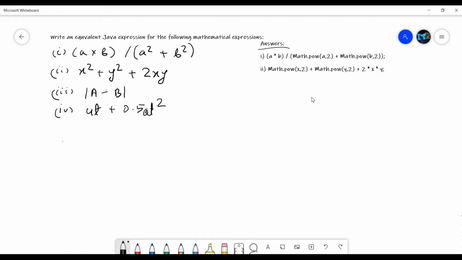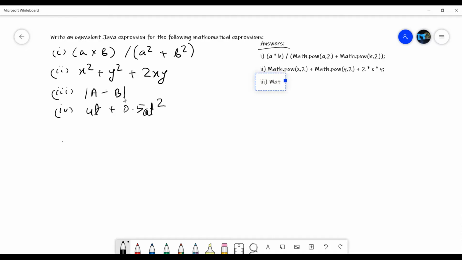Similarly in the third bit, it is a minus b, means mod of a minus b. So in the Math class we have a method called absolute, that is abs. So you have to use the abs method.